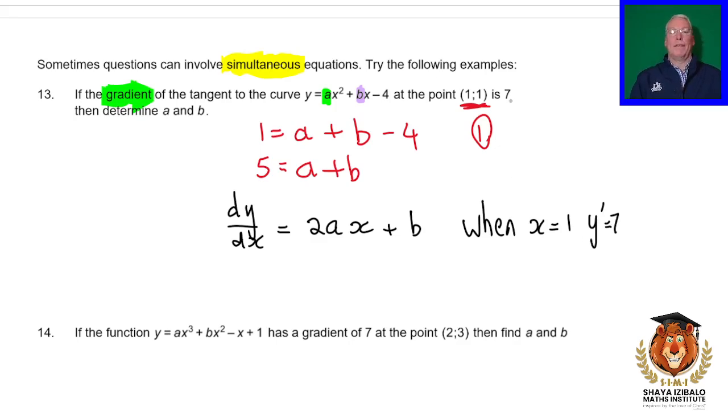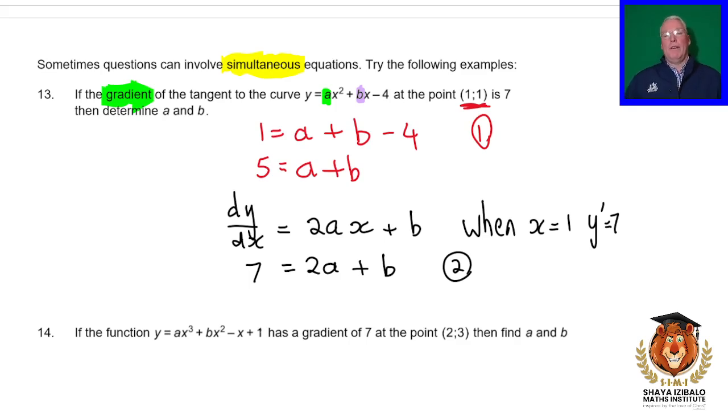That's what that's saying. The gradient is 7. So now when we put 1 in here, we're going to get 2a times 1 plus b equals 7. And now we've got a second equation. So we've got two equations.